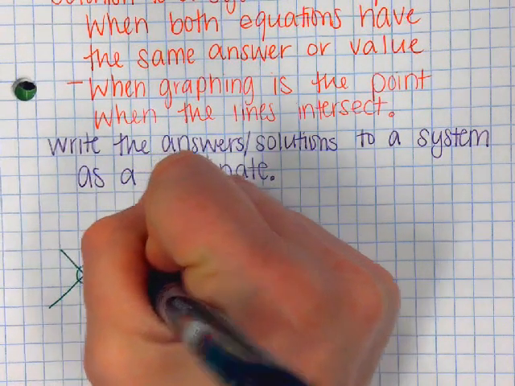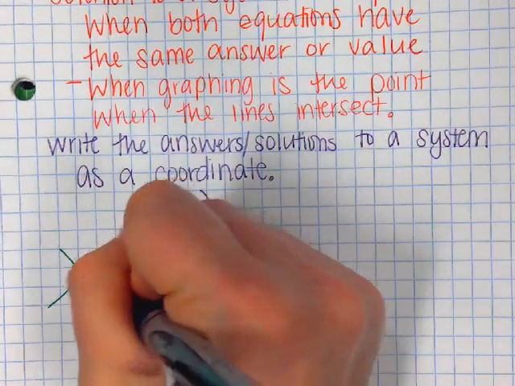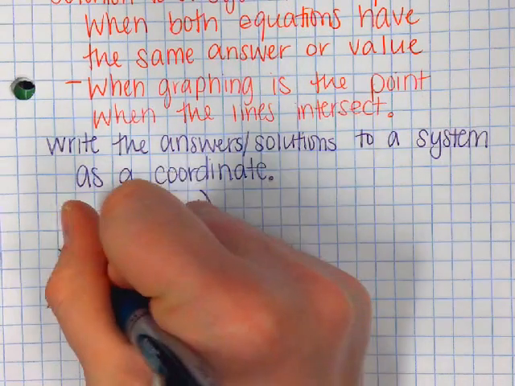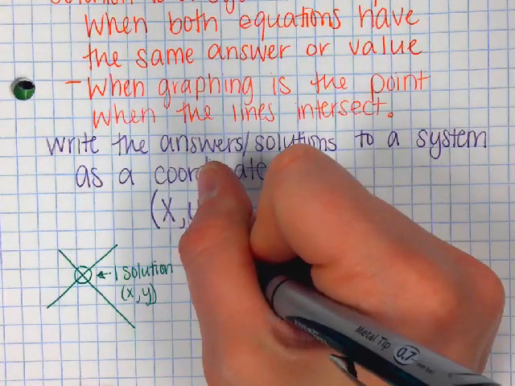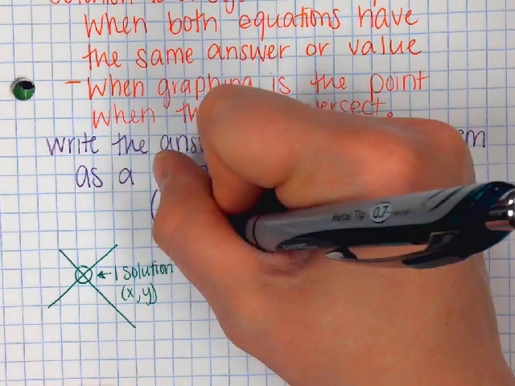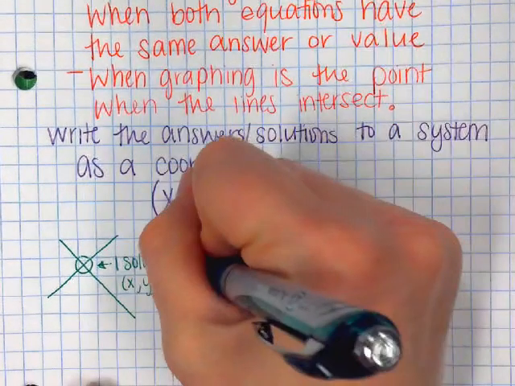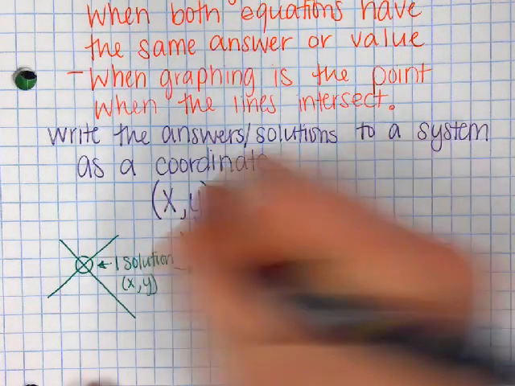So that's when you write your answer as the x comma y, the coordinate of that. Another one that also has one solution is a parabola with a line that only touches it at one point.